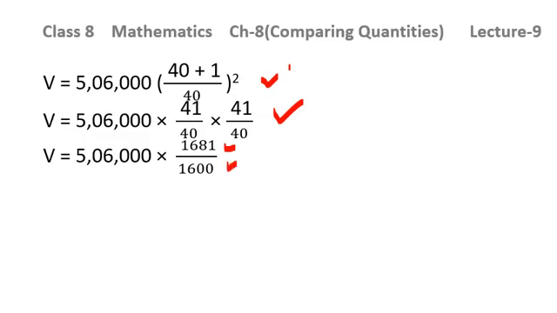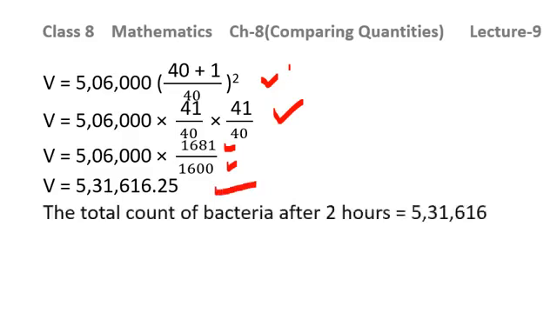So V is equal to 5,06,000 into 1,681 over 1,600. After solving, you will be getting the value of V as 5,31,616.25. We are taking the approximated value.